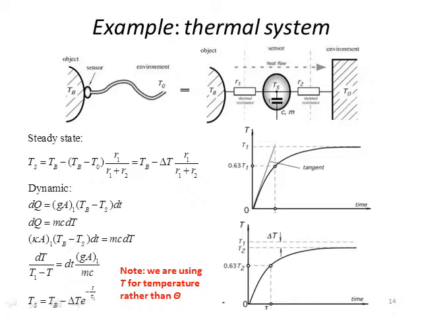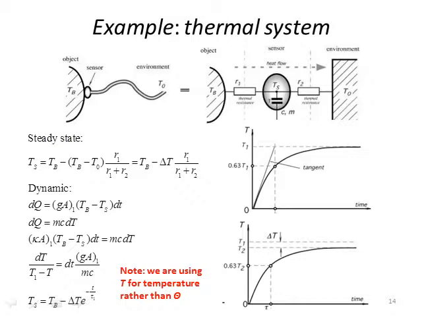You can see that Ts is going to increase in the same way to TB minus delta T. So if you think of time going to infinity, then our epsilon to the minus T over tau 1 is going to go to 0, so TS is going to be TB minus delta T, as we saw in the steady state solution when we first did it.